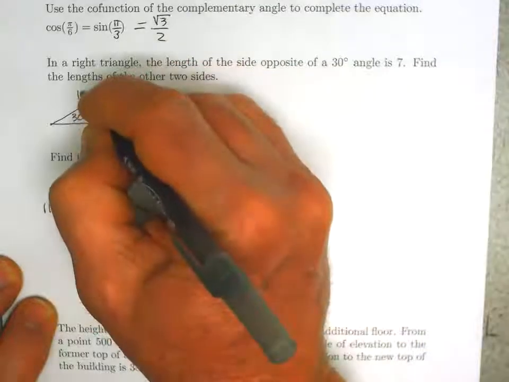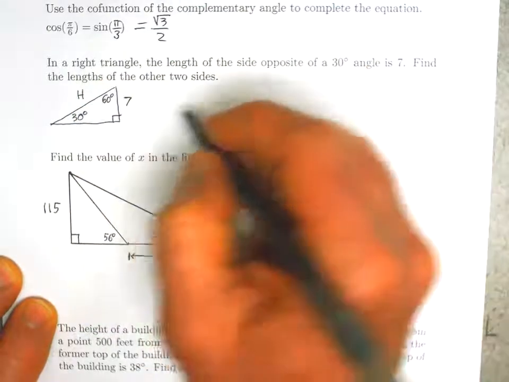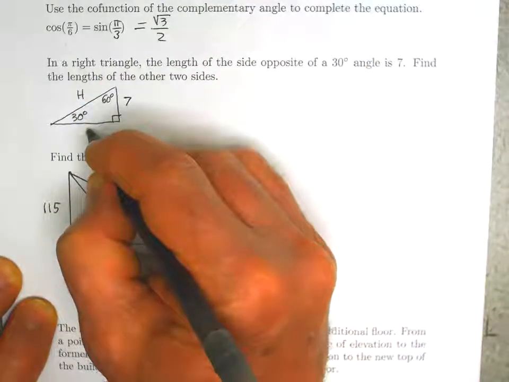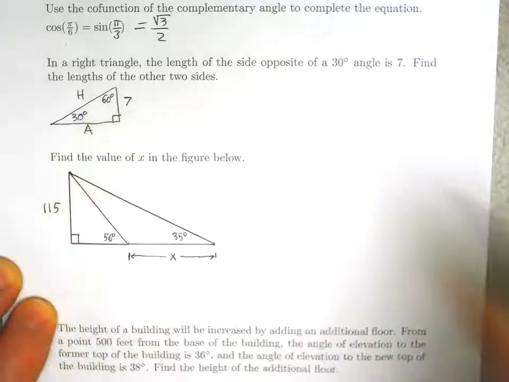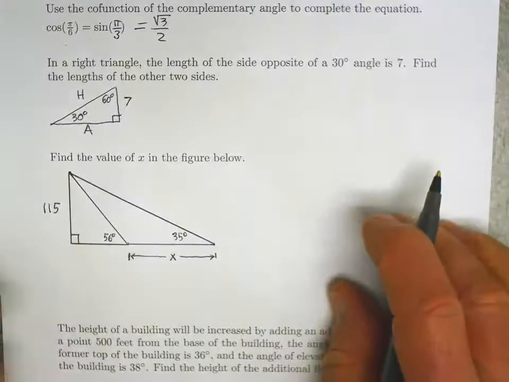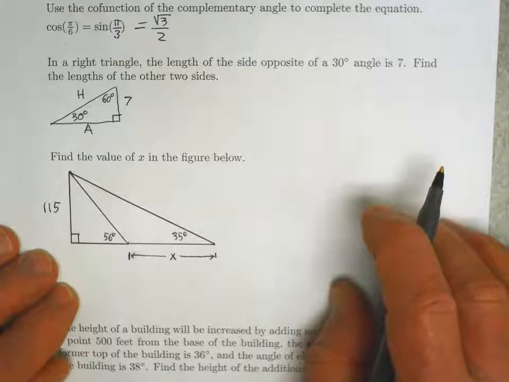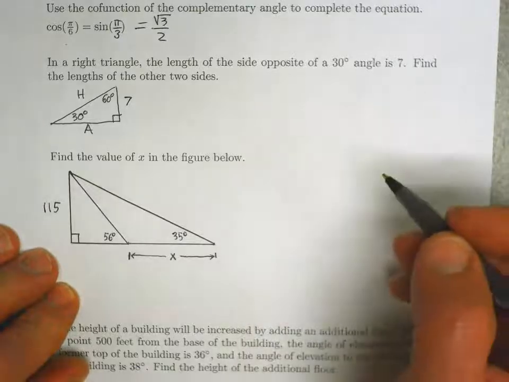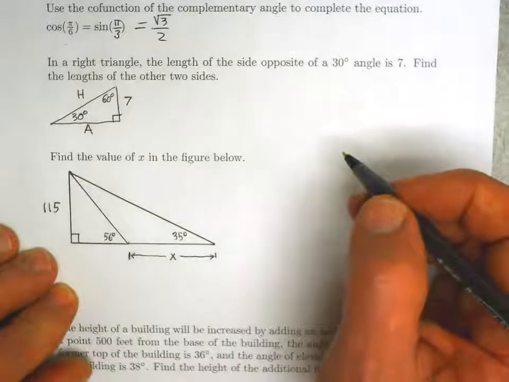So let's find the hypotenuse H, and this side I'll call A. So we can use any of the trigonometric functions to help.